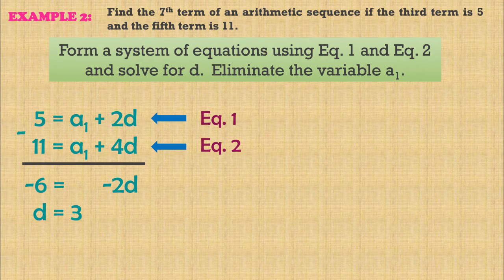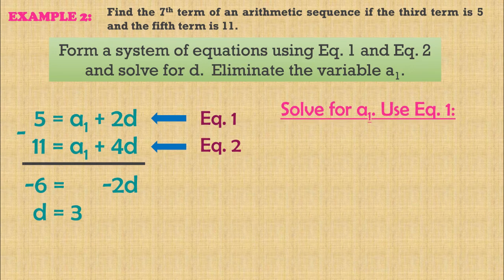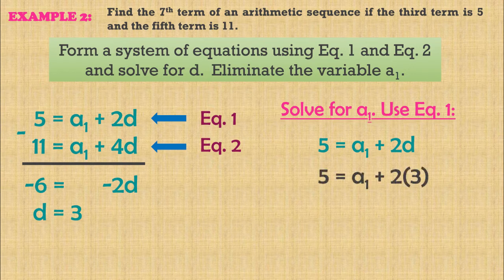Next step is we solve for a sub 1 or the first term using equation 1. So equation 1 is this equation, 5 equals a sub 1 plus 2d. So replace or substitute 3 into d.